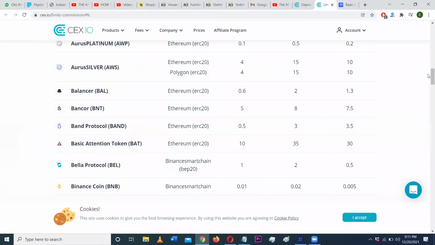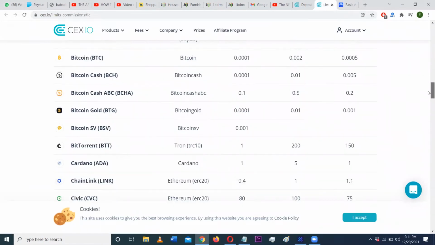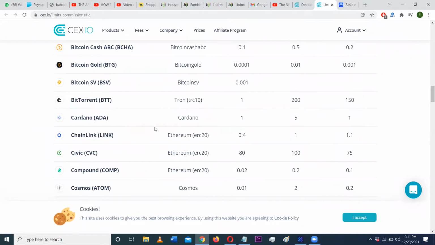Let me check for Cardano. For Cardano, the minimum you can deposit is 1. They allow you to deposit as little as 1. If you want to withdraw, the minimum is 5, and the transaction fee is 1.